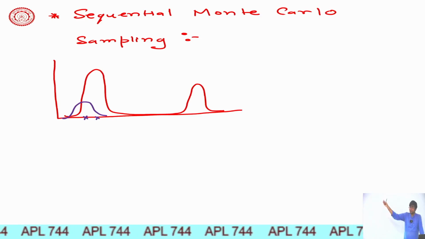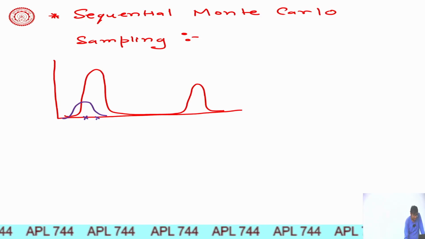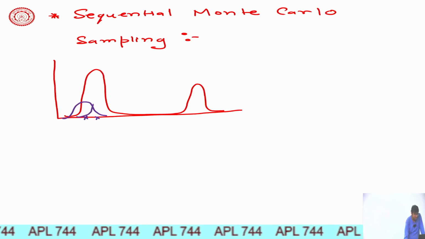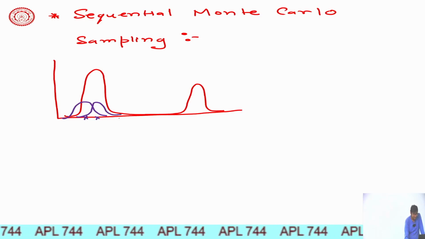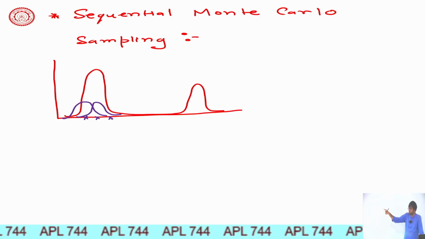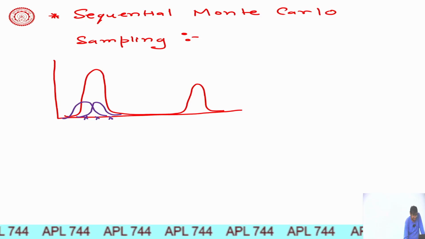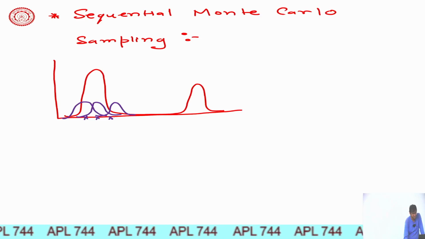And that is a very optimistic sample. I will show you why. So next, what will I do? I will build another proposal with this as center. I will get a sample here, again an optimistic sample, very less probable. Third, I will build a proposal like this. Now where do you get a sample?